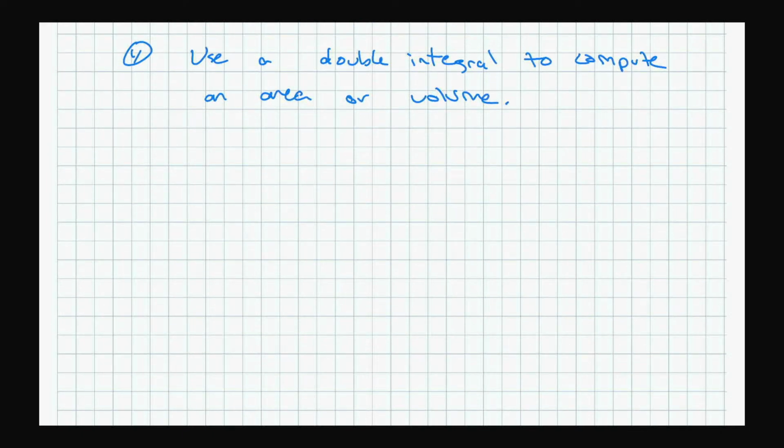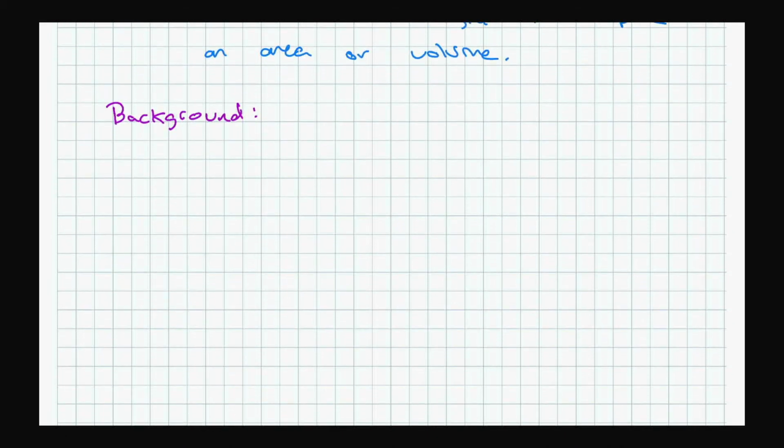So where we want to start here is just some background. We're going to be doing this over a rectangular region.